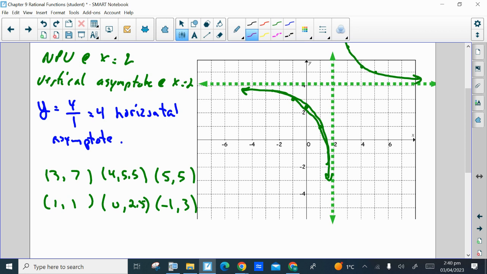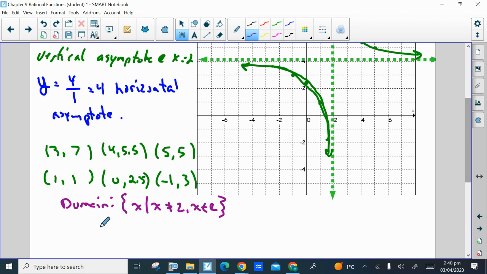Right, and our domain is all real numbers except for 2. And our range will be all real numbers except for 4.